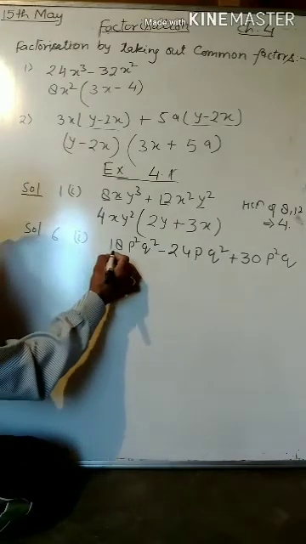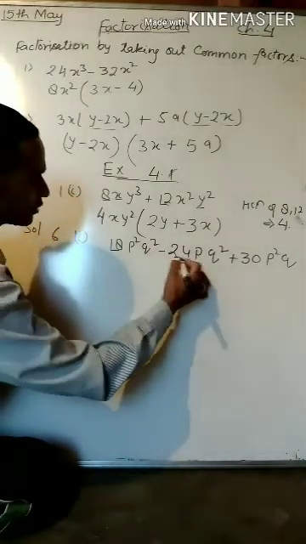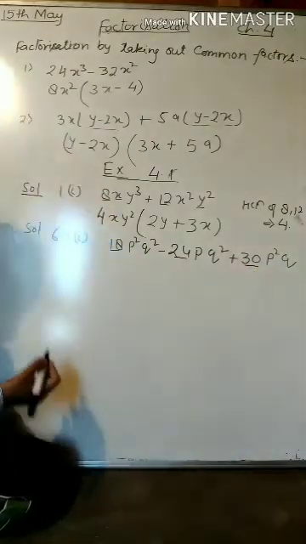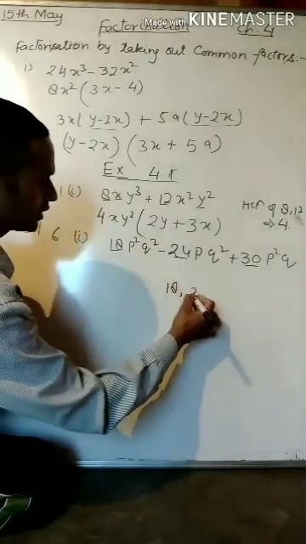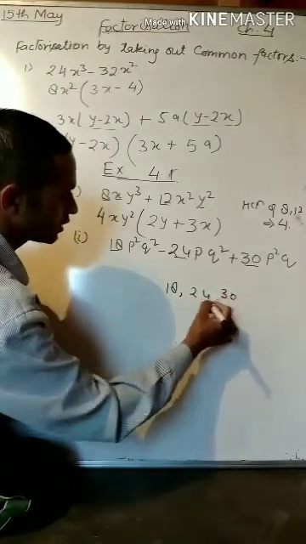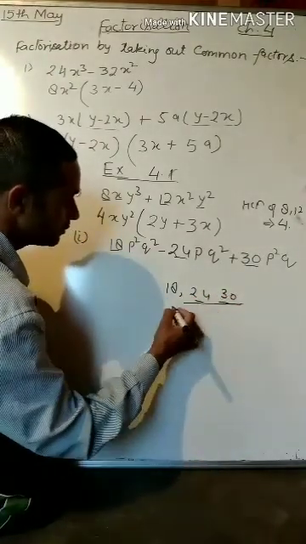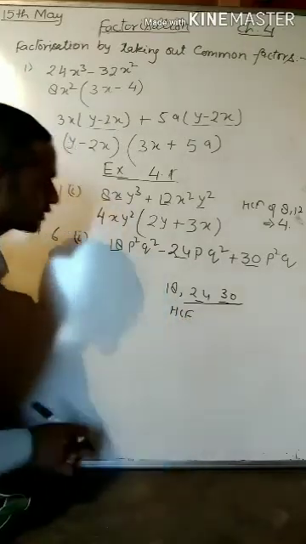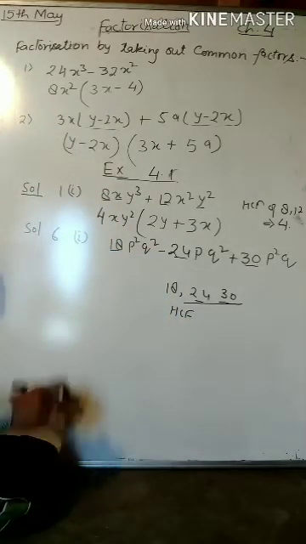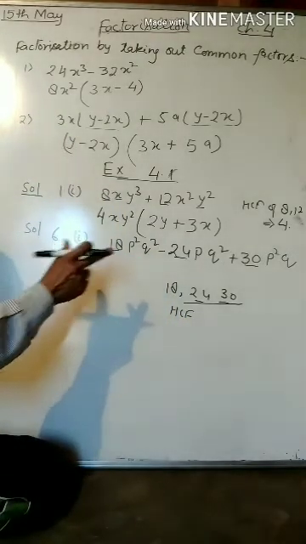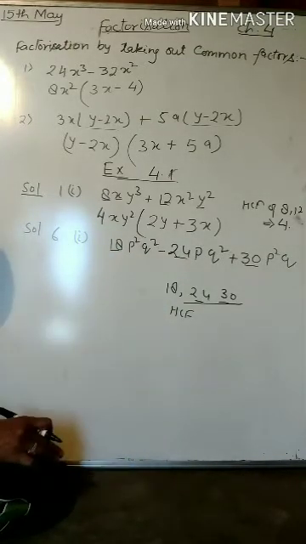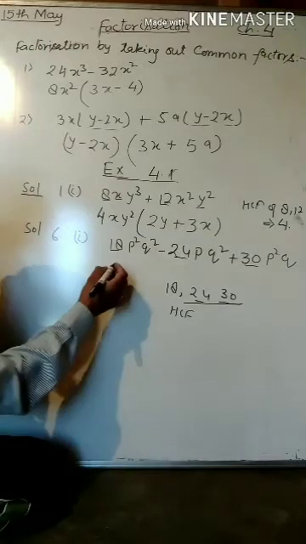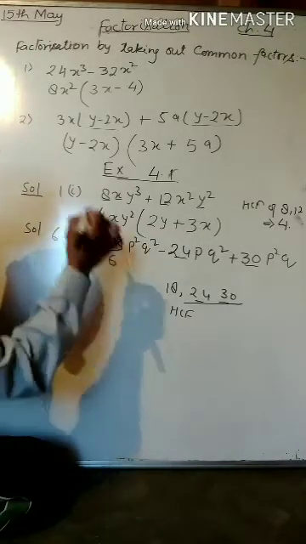Here again the constants 18, 24 and 30. What is their highest common factor? What is the greatest number that can divide these three numbers? Obviously that is 6. So 6 is common.